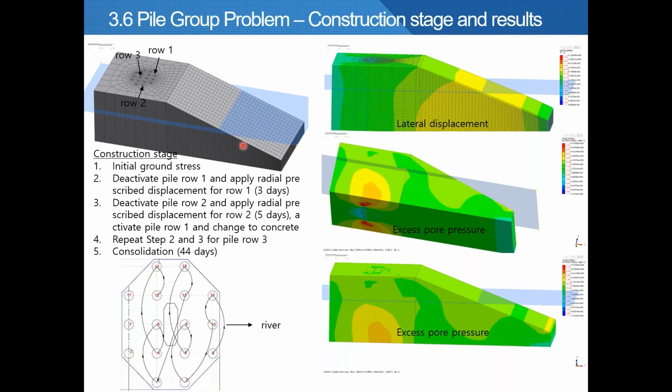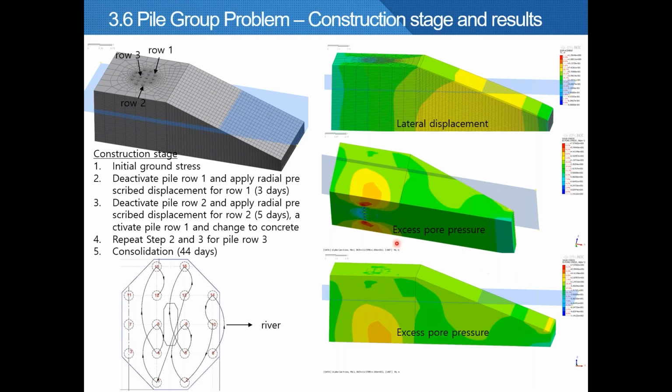The construction sequence is shown in the figure below, following the designated arrow, like this, from pile number 8 to 14, to pile number 10, to 9, 5, 16, 13, 1, 8, 4, 15, 12, and so forth.